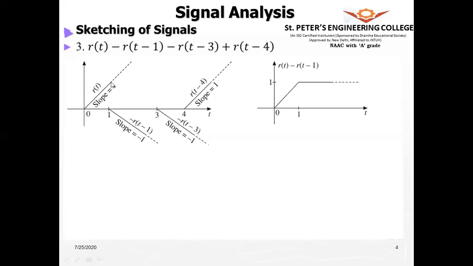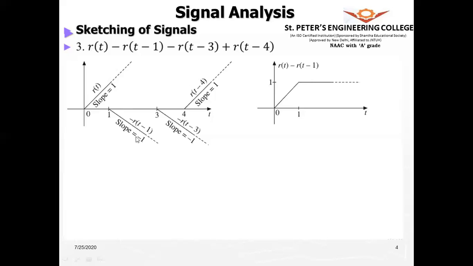So the signal, as it traverses, has reached an amplitude of plus 1 at t equals plus 1, and there is another ramp that is starting with a slope of minus 1. So plus 1 minus 1 will become 0. Therefore, the signal will not drop to 0, but the slope becomes 0. That means the signal will continue at this amplitude.